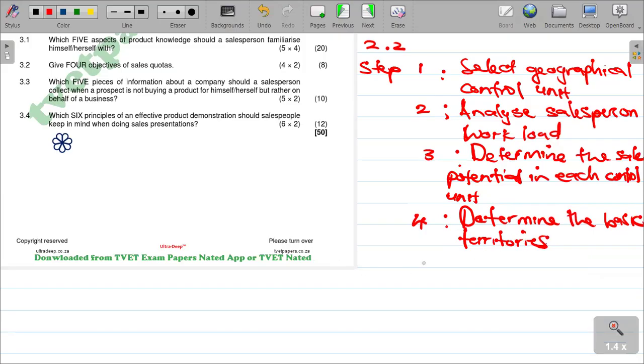And lastly, number 5, we are supposed to assign salespersons to territories.